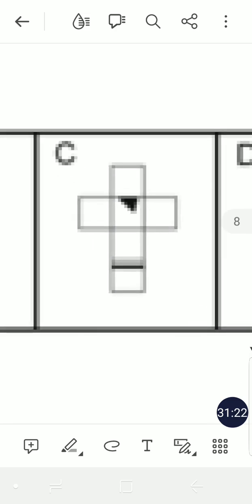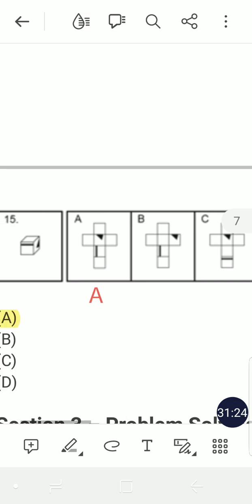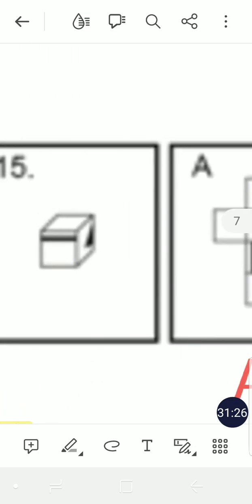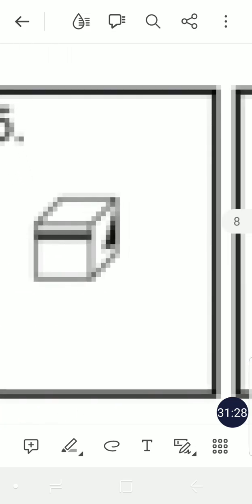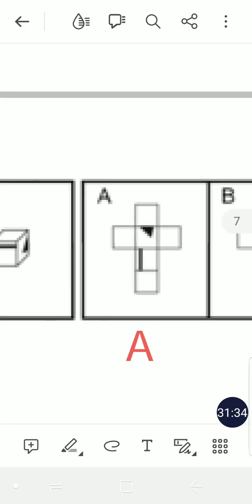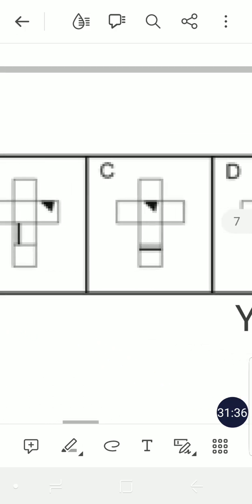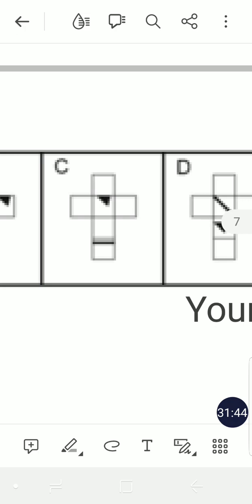C is eliminated as well, because the solid line here is beside the center, not on it, whereas here the solid line is in the center. So C is eliminated.